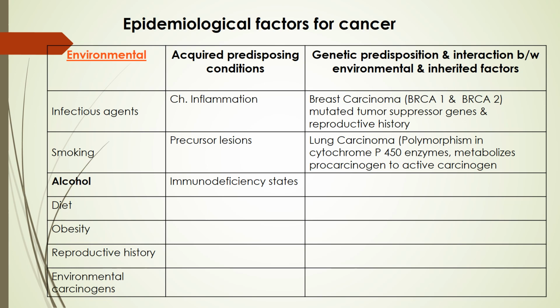Acquired predisposing conditions: chronic inflammation, precursor lesions, immunodeficiency states. Genetic predisposition: breast carcinoma, BRCA1 and BRCA2 genes, which are mutated tumor suppressor genes, and reproductive history. Lung carcinoma: polymorphism in cytochrome P450 enzymes, which metabolize pro-carcinogens to active carcinogens.